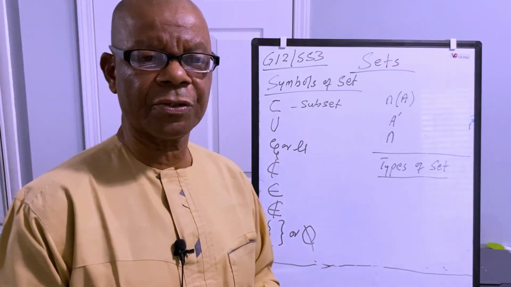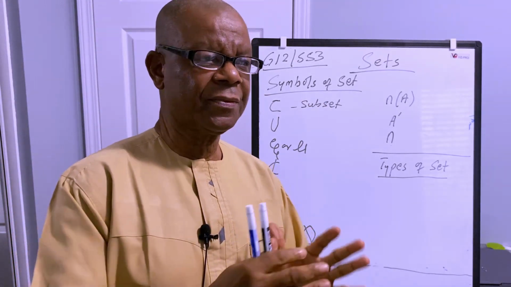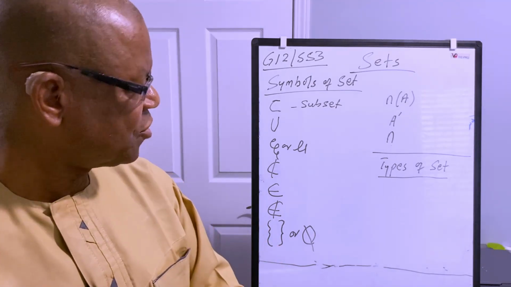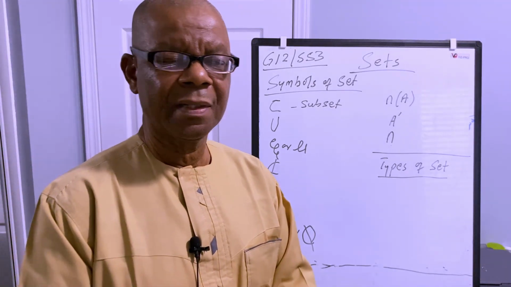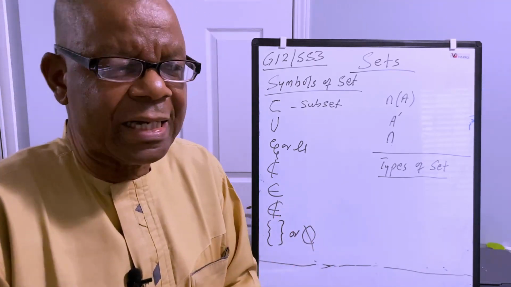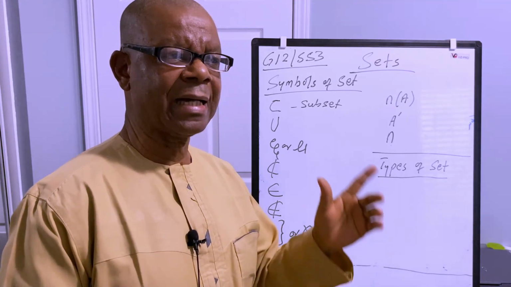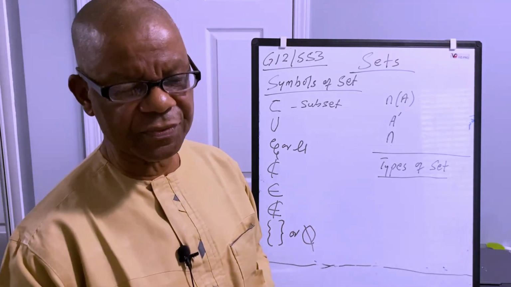In set theory, if a set contains some elements and another set contains a part, some of those elements, not completely, we now say that that other set is a subset of the previous one.